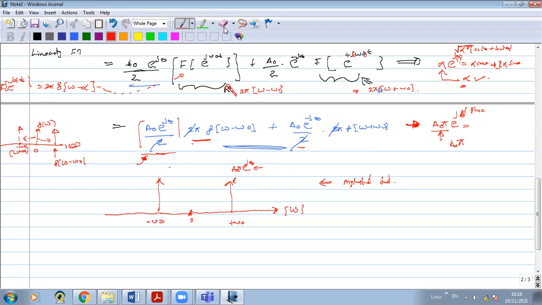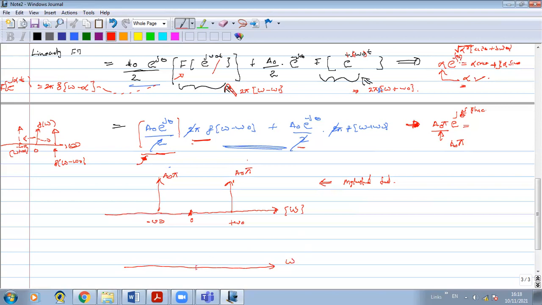So if I draw the magnitude, for this part it is A naught by 2, and for this part it is also A naught by 2. This is the magnitude spectrum. If you draw the phase spectrum, you have to draw the phase with respect to omega.